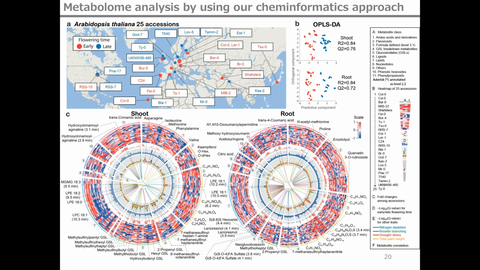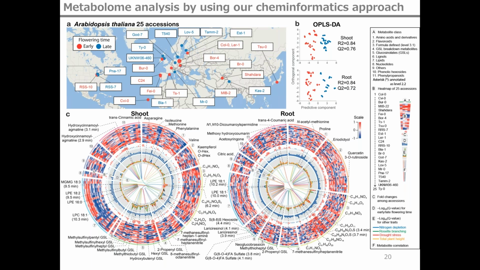And the second layer shows the heat map of 25 natural variants, and the third layer indicates the size of ion abundance. And furthermore, the bar chart means the importance of metabolites associated with the flowering time phenotype.